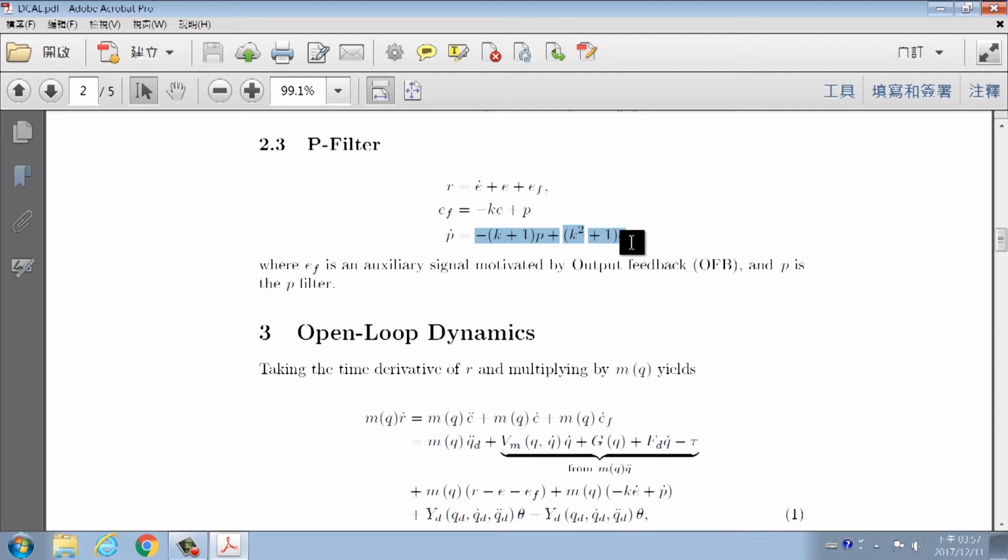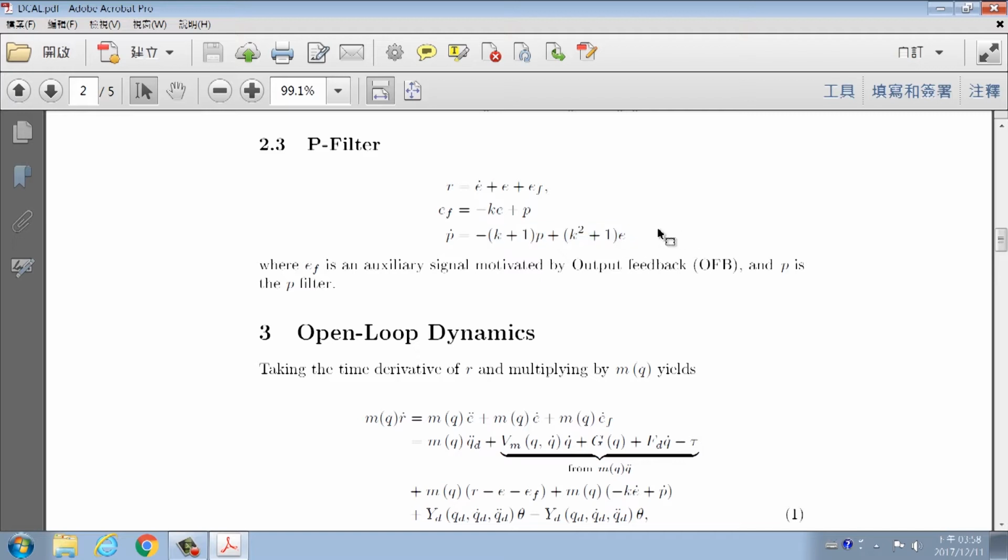So this equation is called the P filter. You can consider P to be like an acceleration term, because acceleration is not measurable. So we design a signal to mimic the acceleration.